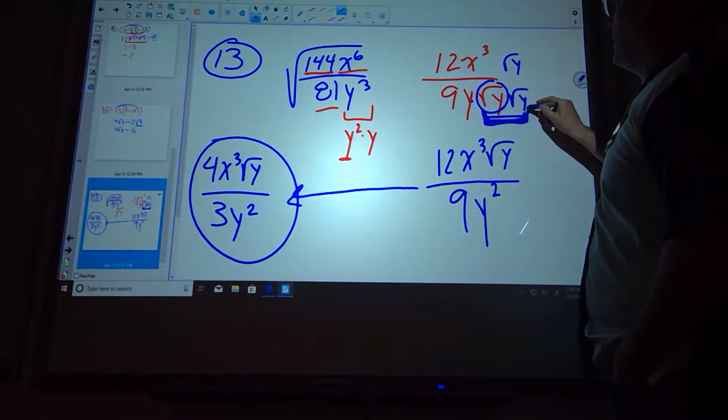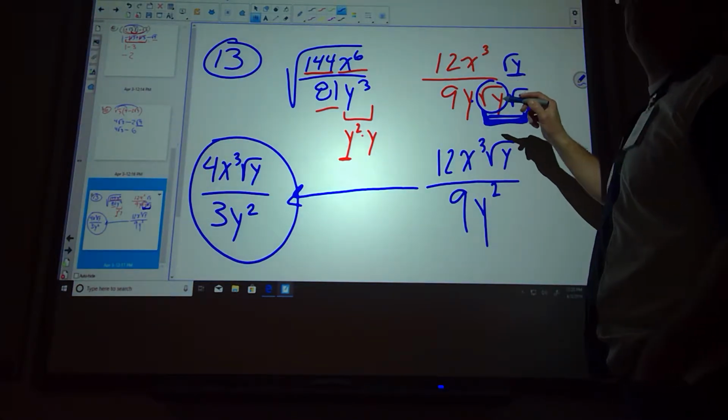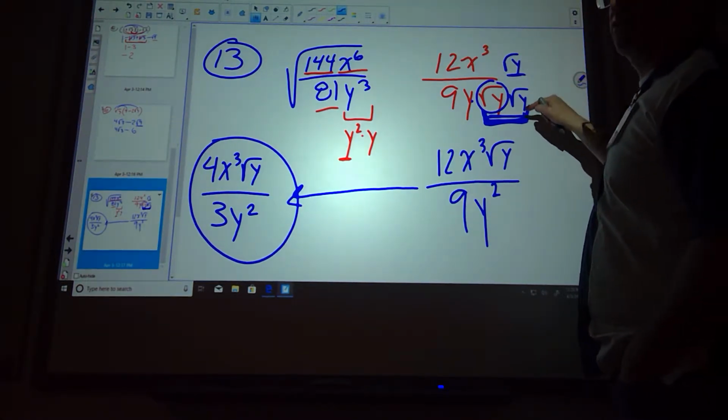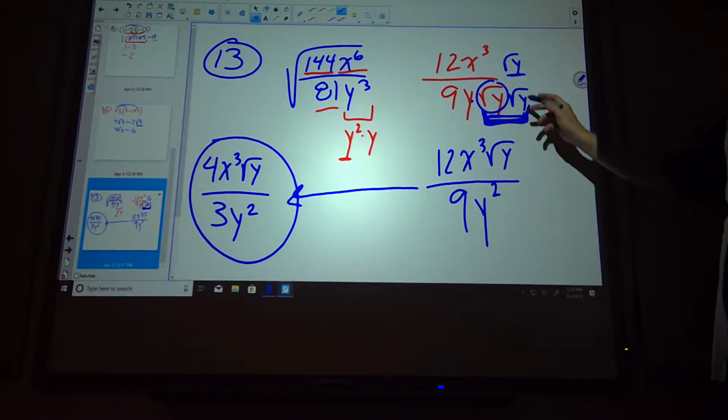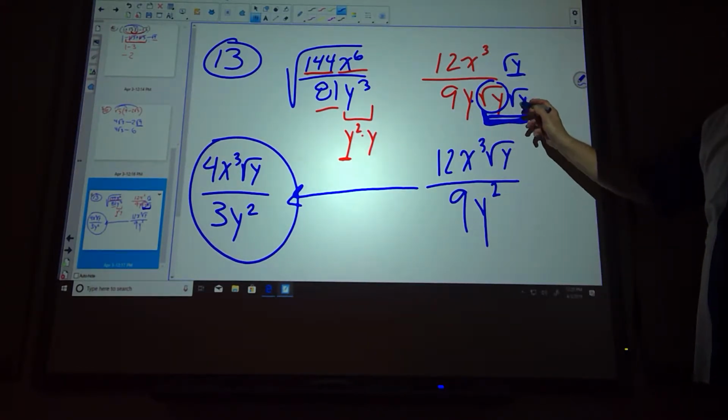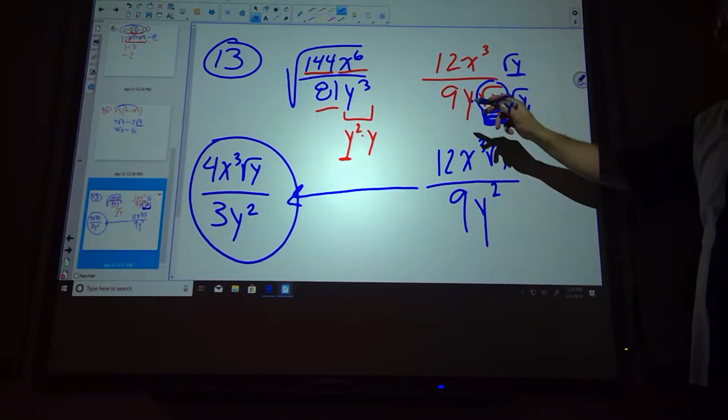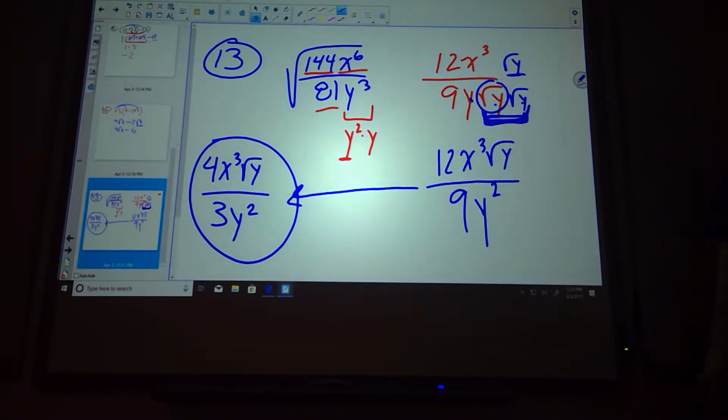So I need to multiply the y on both top and bottom, because root y over root y is 1, so I'm not changing the size of the fraction. So I just don't want it downstairs. And then when I multiply those together, I get y squared, square root of y squared, which is y times that y. So you just don't want it there, you want it upstairs. It wants to move up. Yep.